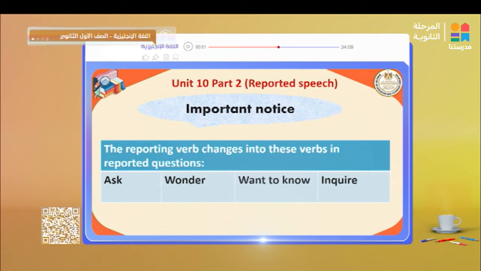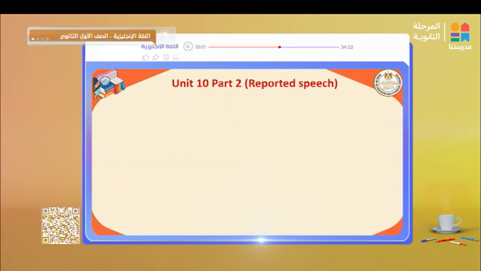So we can't say he wonders me. We can't say he wanted to know me. He wonders why, he wanted to know why, or he inquires about. So note that these verbs are used in reported questions, but there is a difference in using them.